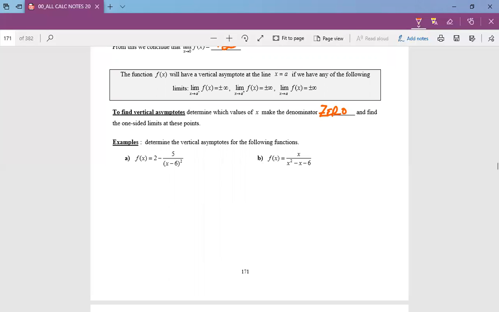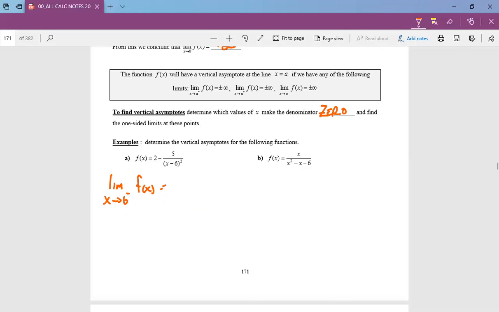f of x equals 2 minus 5 over (x minus 6) squared. Obviously, this is interesting around 6, so the limit as x goes to 6 from below of f of x. What is it going to equal? Well, we're going to have 2 minus 5 over this value now, 6, but we're talking about 6 from below.